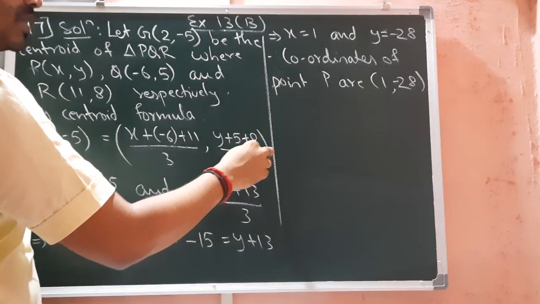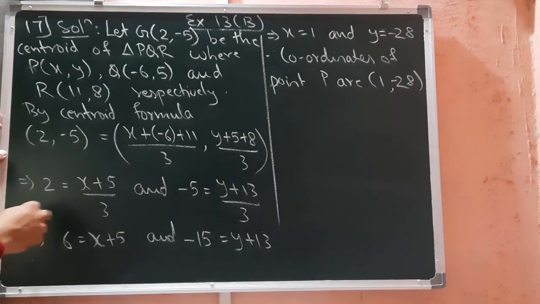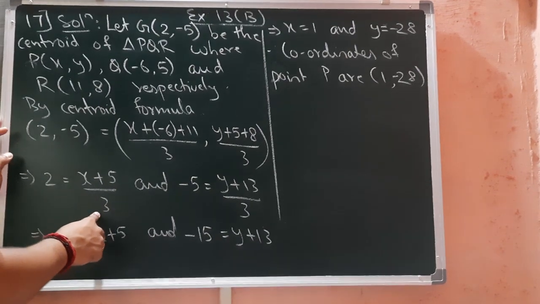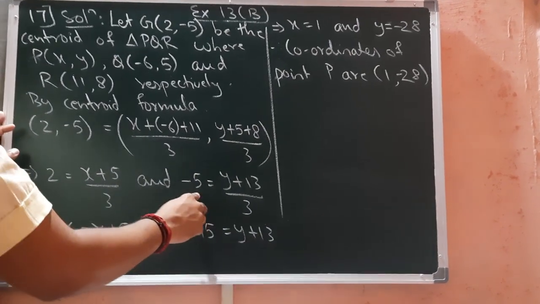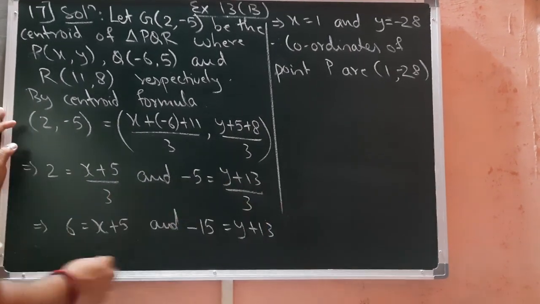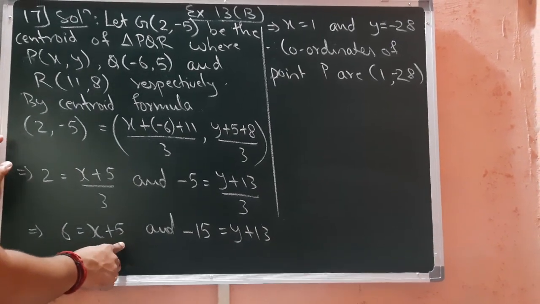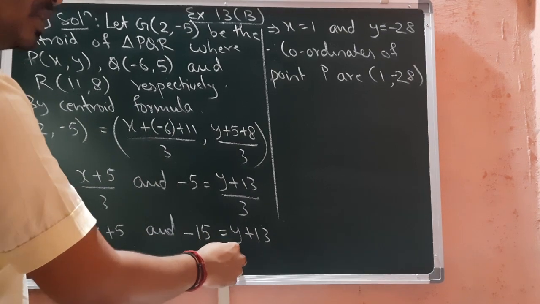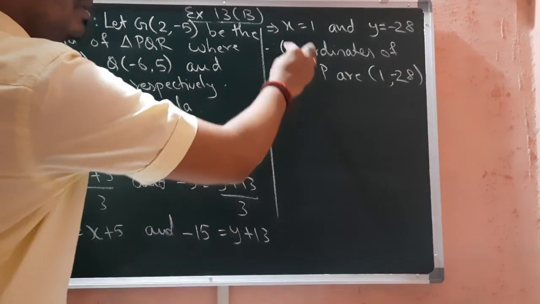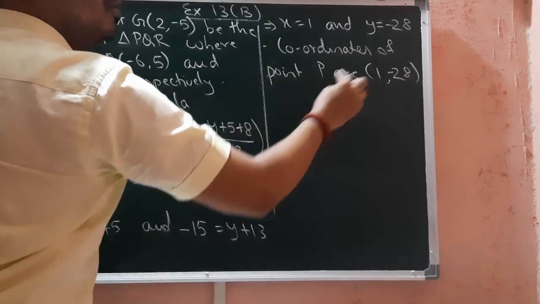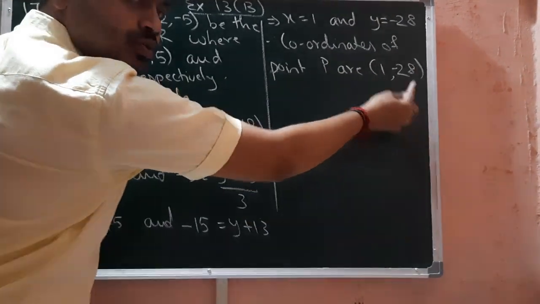So (y + 5 + 8)/3. By comparing, 2 is equal to (x + 5)/3 and -5 is equal to (y + 13)/3. Cross multiplication: 6 is equal to x + 5 and -15 is equal to y + 13. Therefore x is equal to 1 and y is equal to -28. Therefore the coordinates of point P are (1, -28).